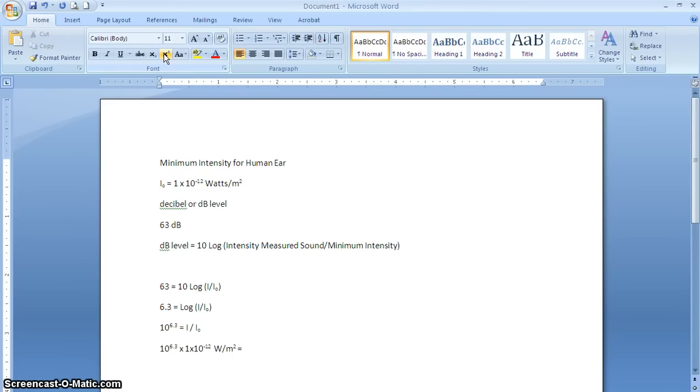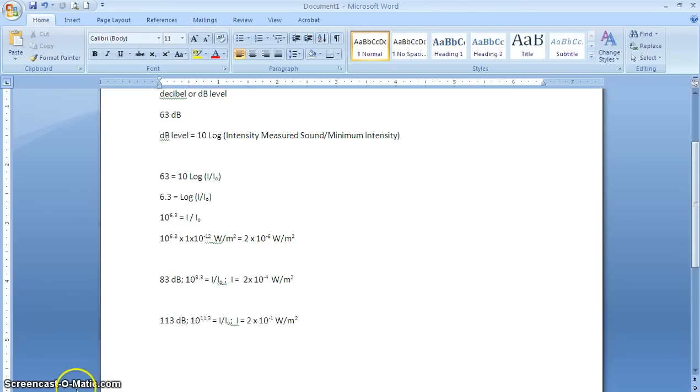And that'll give me my answer. So go ahead and punch that into the calculator there and see what you get. When I push that through the calculator, I take that 10 to the 6.3 and then I multiply it by I sub O from the other side in order to get I. So I get 2 times 10 to the negative 6 watts per meter squared. That's the intensity of that sound.